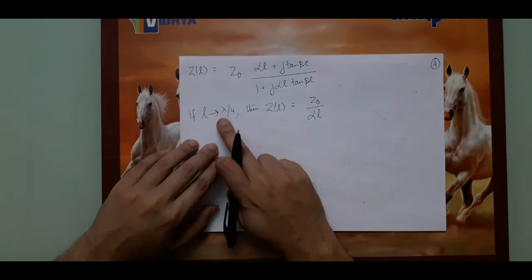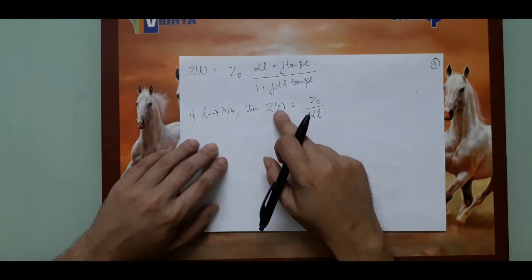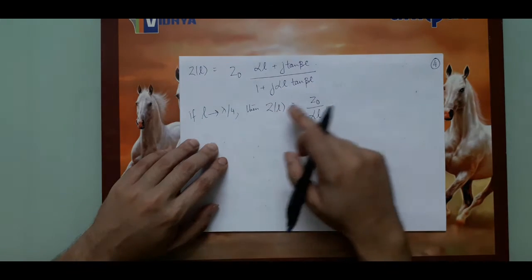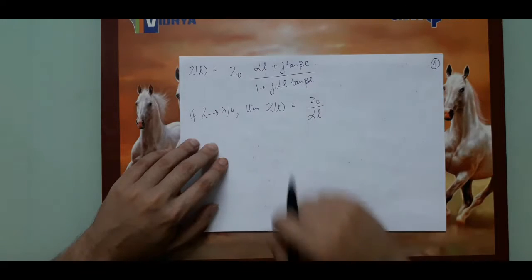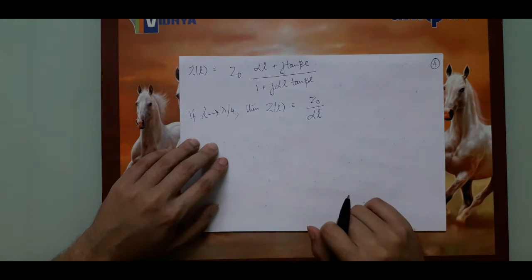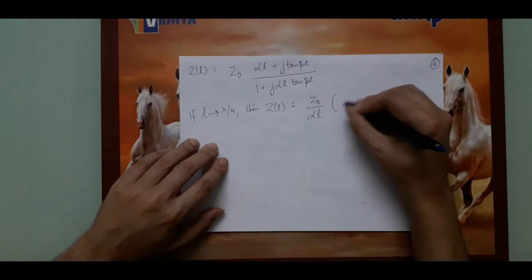If length had tended to lambda by 4, then for a perfectly lossless line, Z of L would have been infinity. But because of the small but nonetheless non-zero alpha, you will see that this is some very large quantity, but not exactly equal to infinity.